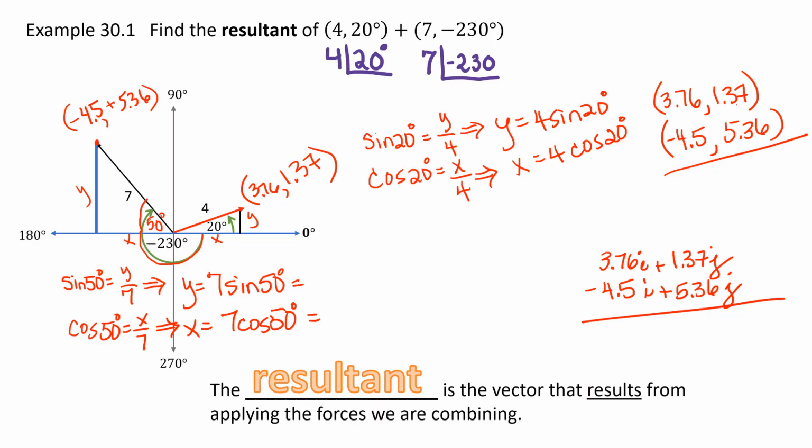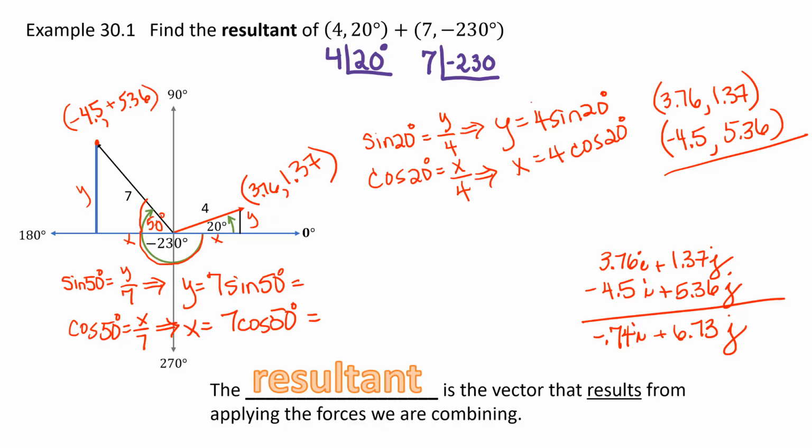And so 3.76 minus 4.5, we're going to get about negative 0.74. And then 1.37 plus 5.36 is about 6.73.